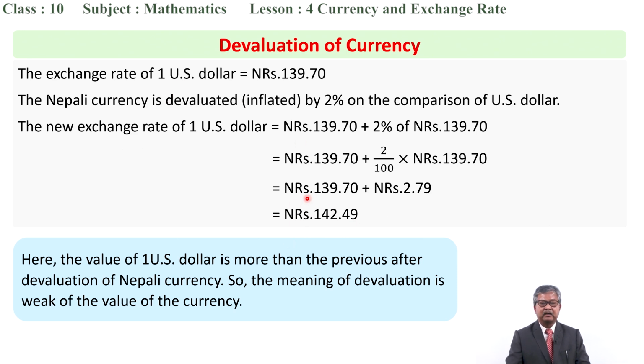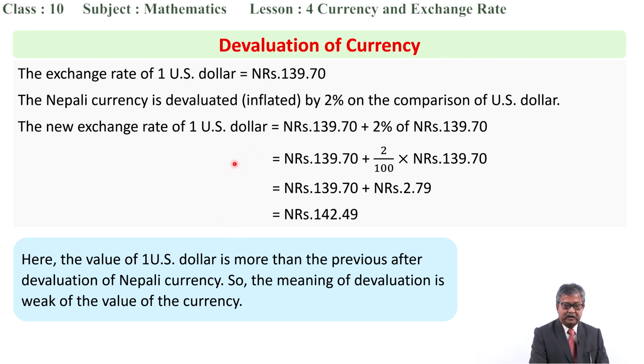Its meaning is that before, when we bought things for $1 from America, now we have to pay more currency to buy those things. So we can say that our currency is weaker than the currency of America. So that is called devaluation.